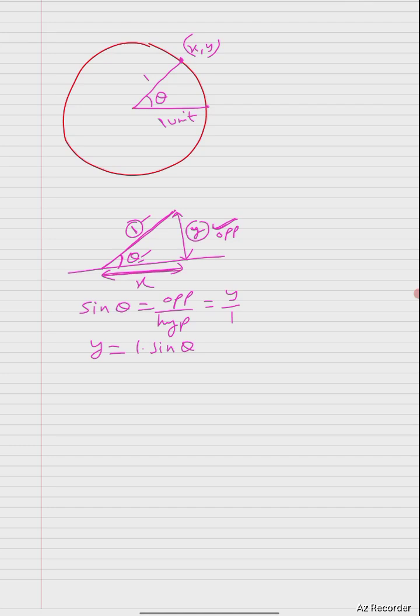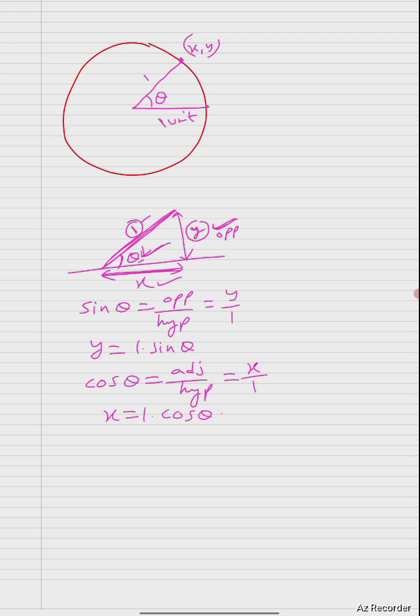Similarly, let us find for x. X is the adjacent side and I have hypotenuse and I know angle theta. Okay. So if you want to find adjacent side, what ratio you go for? I go for trigonometry ratio cos theta, which is adjacent side upon hypotenuse. Here adjacent side is x upon hypotenuse is 1.